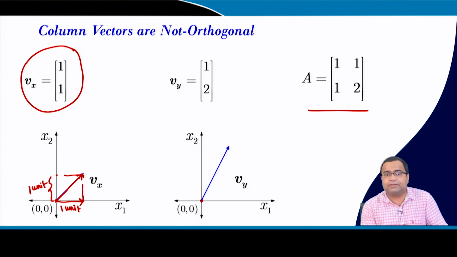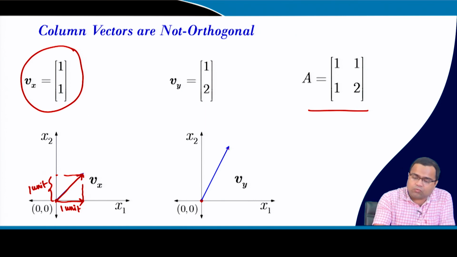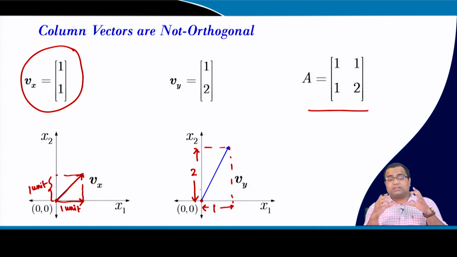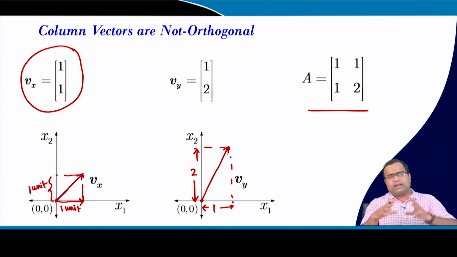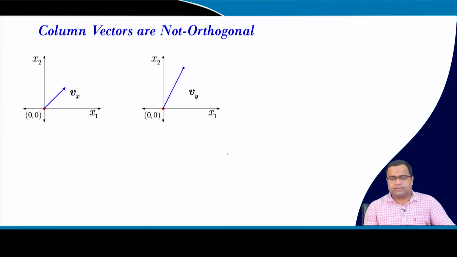Similarly, if I take Vy, 1 unit length along this axis and 2 unit length along this axis. Okay, so if you join them, this is my Vy. So we can draw any vector in the 2-dimensional plane.